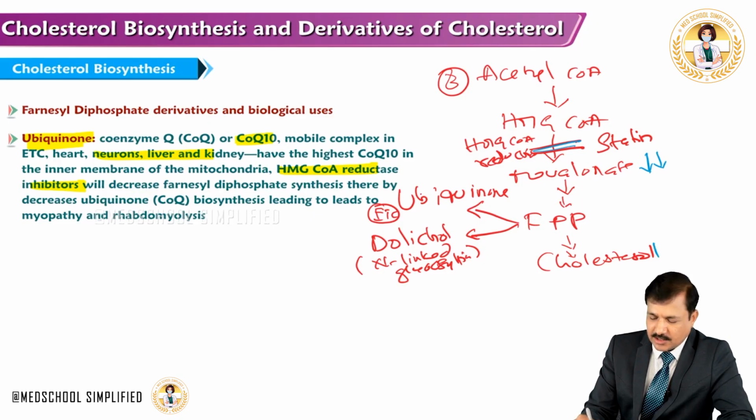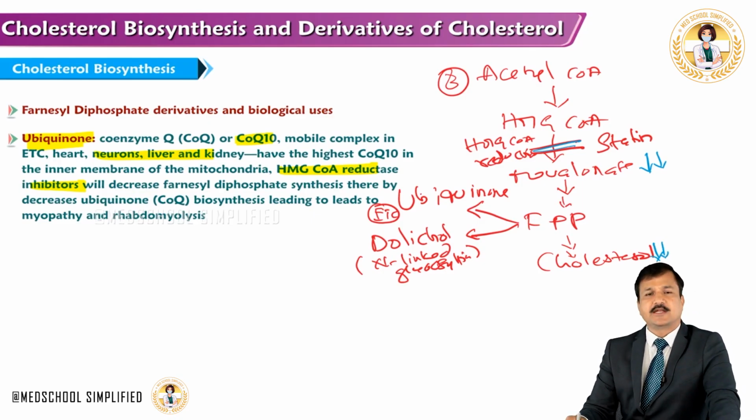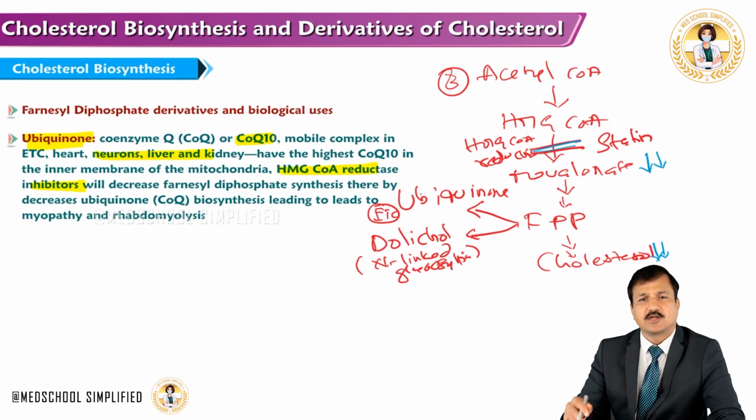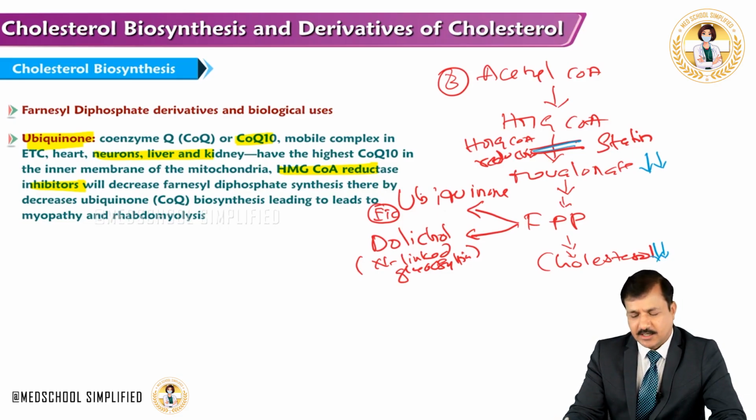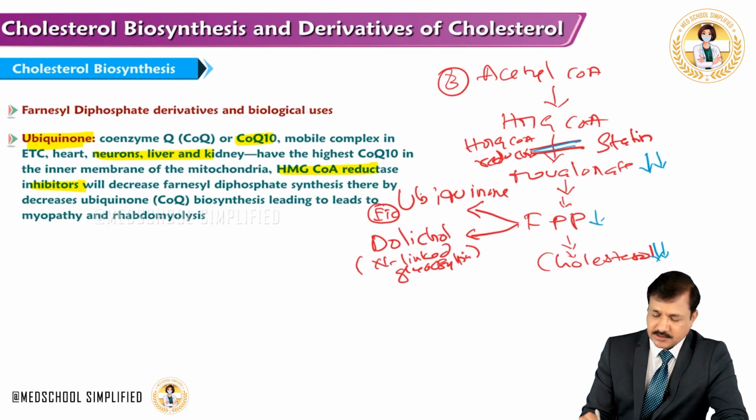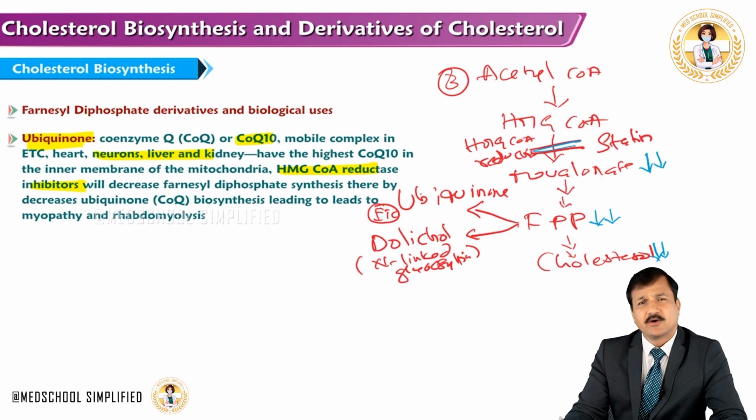Of course, cholesterol levels will decrease because mevalonate is decreased. So we have achieved our intention there. We have decreased cholesterol by targeting HMG-CoA reductase. But even farnesyl pyrophosphate is also decreased, because decreased mevalonate means decreased farnesyl pyrophosphate.